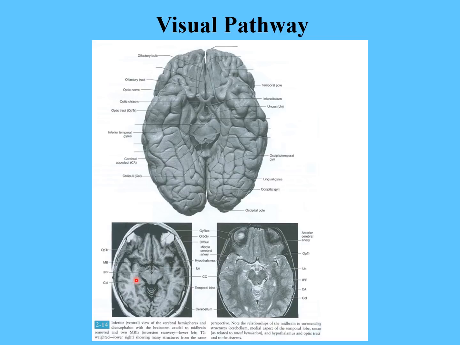And in particular, we can see that in this region is where the optic tract would come through. And we can see the optic tract a little bit over here. Then occipital cortex would be right back here, occipital cortex right here.